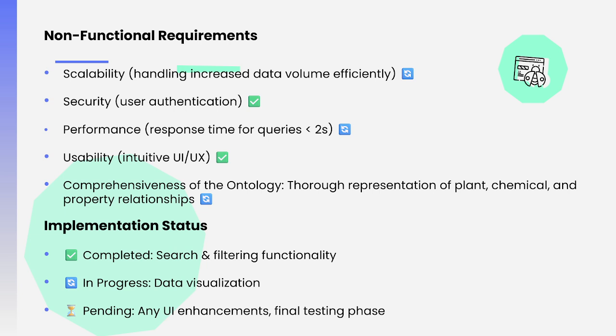And in progress means data visualization is currently being developed. This feature will enable users to interactively explore chemical structures and other data, enhancing the platform's usability. The pending items are the final UI enhancement and the testing. These tasks will ensure the platform is polished, user-friendly, and free of bugs before system deployment.